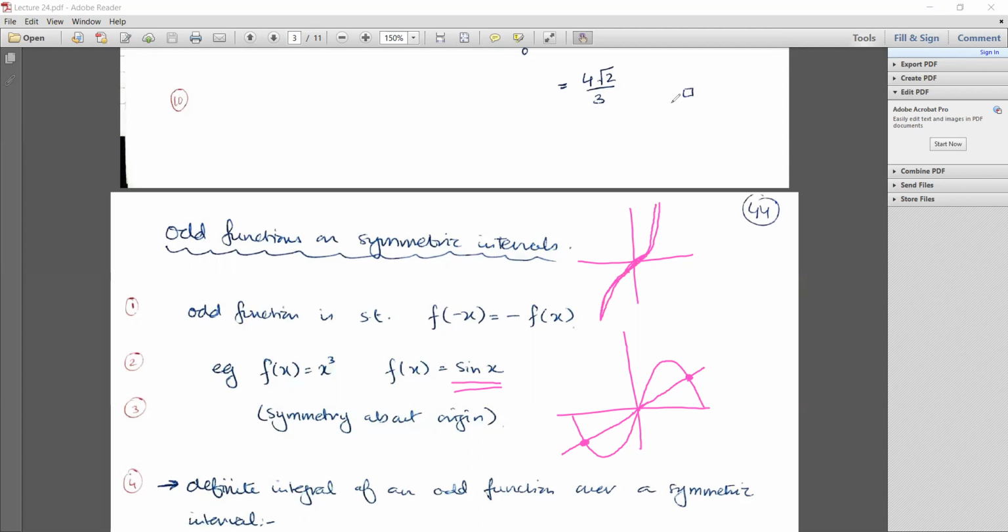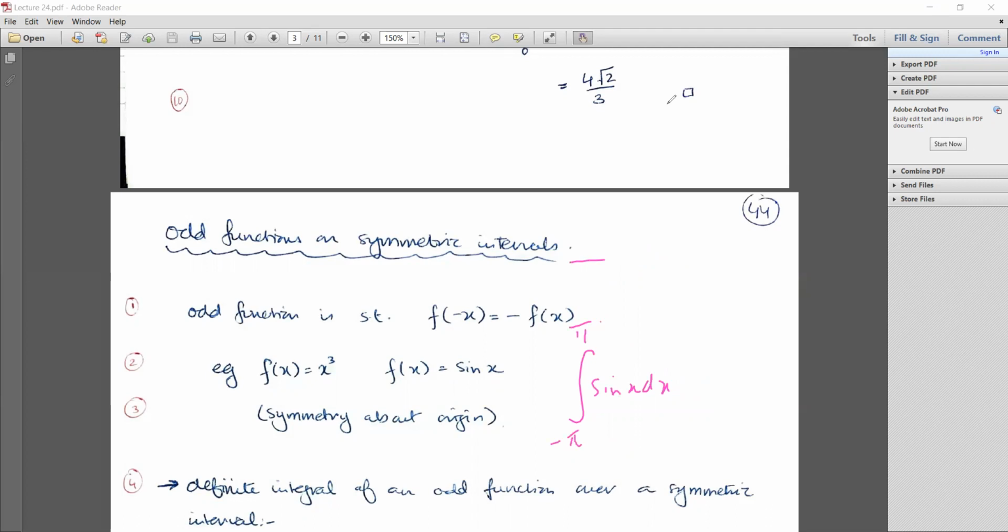So what do you think if I have, for example, the integral of sine x dx from minus pi to pi? Without actually doing the integration, what do you think the answer is?